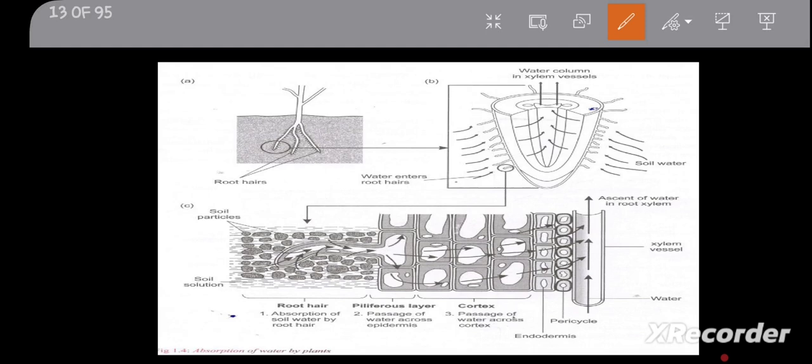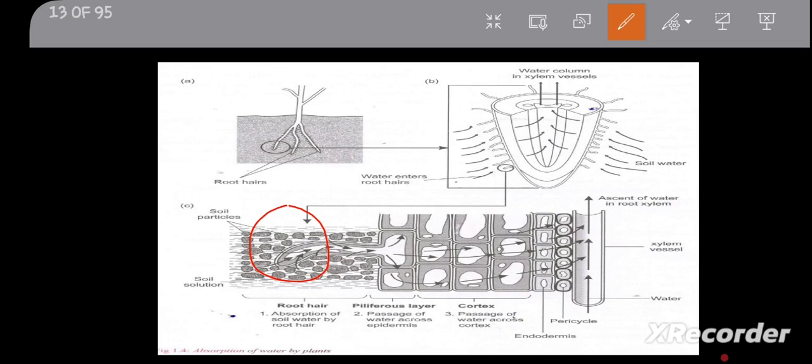How does the process of absorption really occur? One thing a student should know is that the process involved in the absorption of water from the soil is osmosis. That is the main point. From this region I've circled here, this is where the process begins.